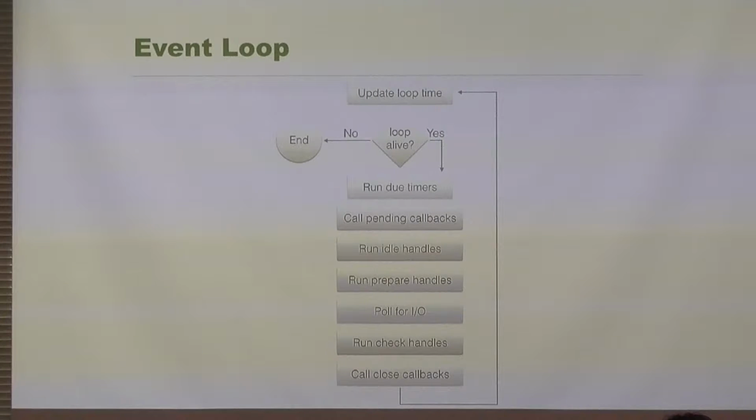After we're done polling for I/O, we run check handles. Check handles are the inverse of prepare handles. So prepare runs before polling, check handles run after polling. And then finally, if any close callbacks are still pending, like a resource has been closed down and there's a callback, we run that, then loop back up to the top.